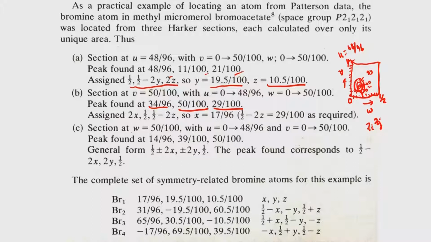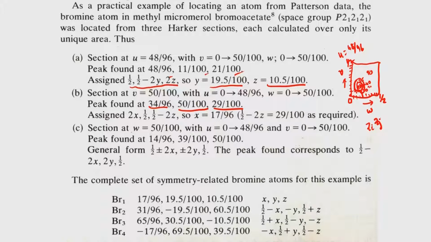See, what you got, you may be wondering what is this going on, because you said 11 by 100 is the peak. 11 by 100 corresponds to 2y. So, you have to take half minus 2y. So, half minus 2y will be 19.5 by 100 when you solve for y. When you solve for z, you again take the value 2z.